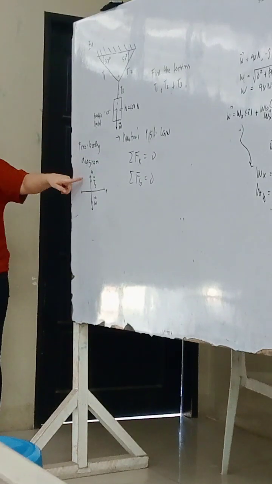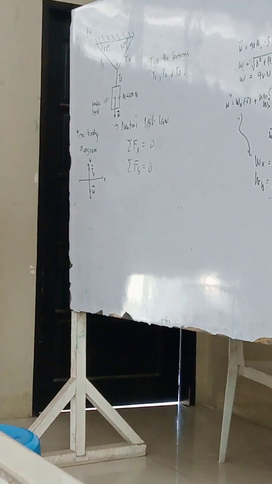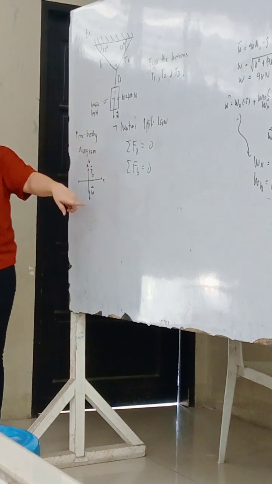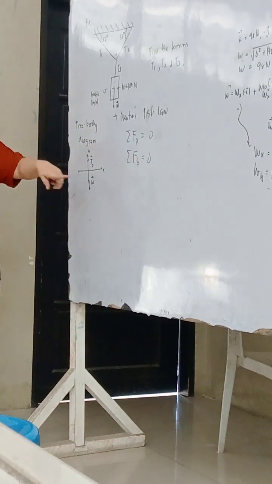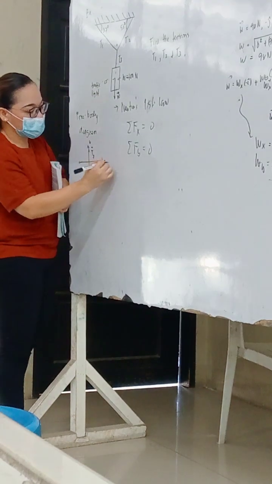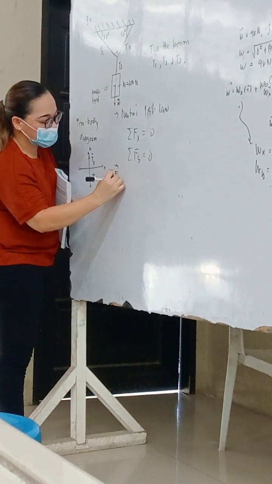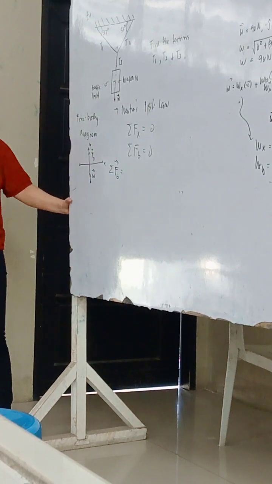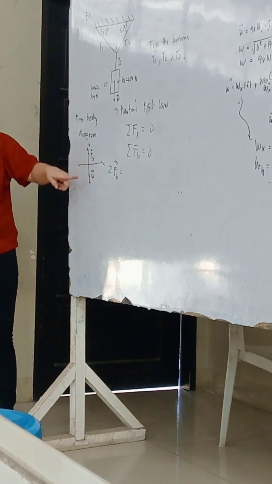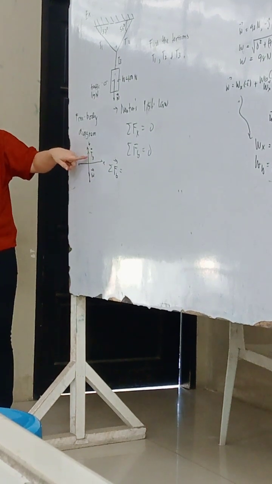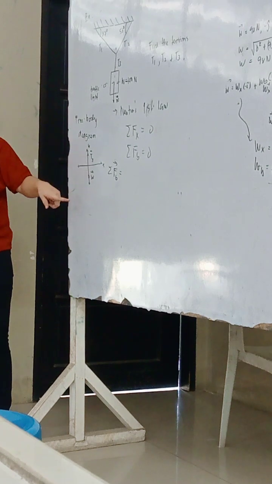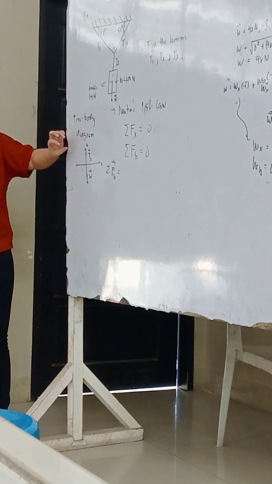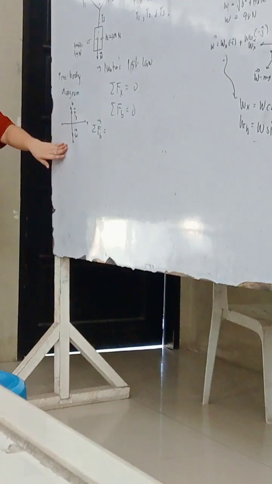So there are forces along the y-axis. Now let's identify the summation of forces along x and the summation of forces along y. If we add the forces along x, there is none. So let's look at the summation of forces along y, which is just the sum of the forces we see on the y-axis. A force is positive if it is along positive x or positive y, and negative if it is along negative y or negative x.